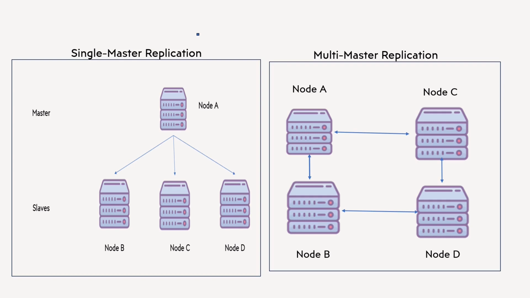In the single master technique, we have one master that takes all writes, propagates them to other nodes, and makes sure they are all in sync. But in multi-master, every node is a master. They can take up write requests, but they also have to make sure that the write they do locally must also reach the other nodes, right?